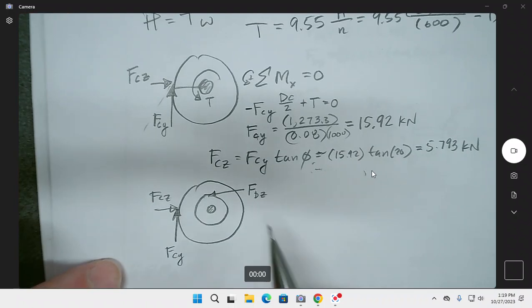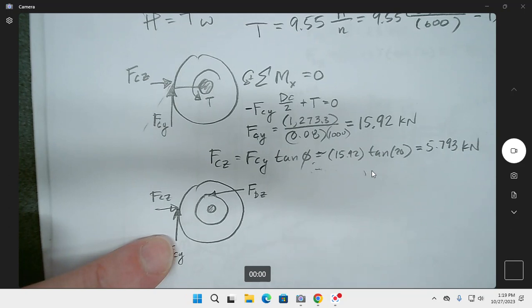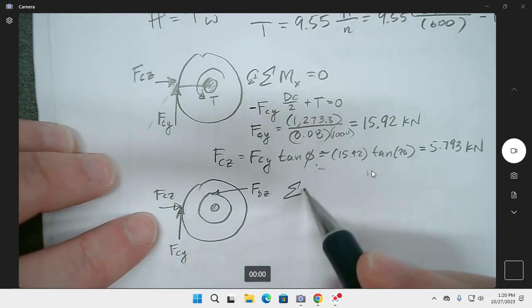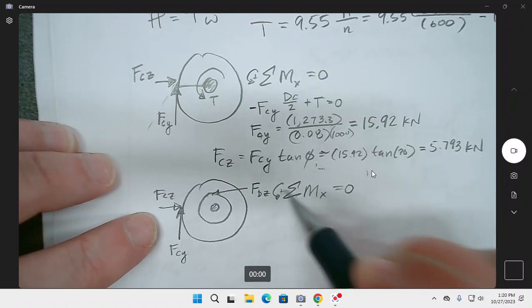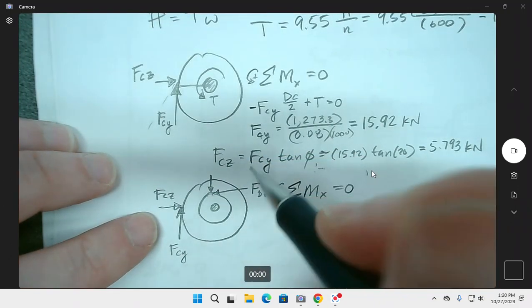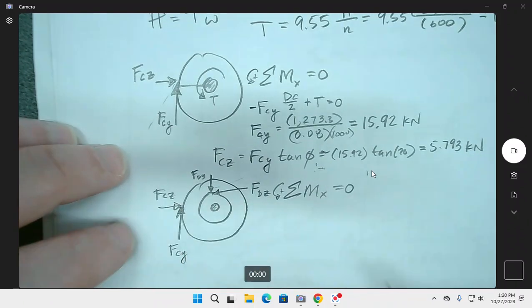And this is the thing that balances it out. Think of it as hiding the torque inside the shaft, right? Because now the summation of the moments about X still needs to balance out to 0. Also, because of that 20 degrees, we're going to have an FDY going in that direction.